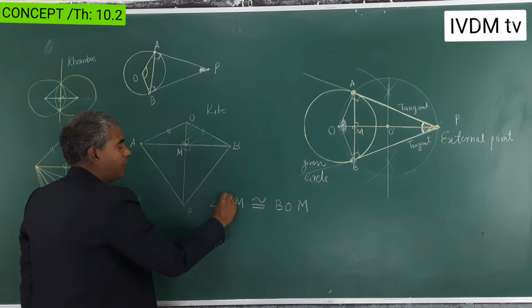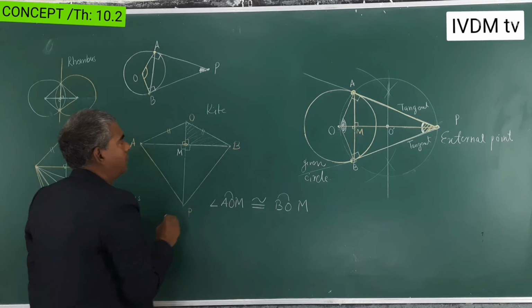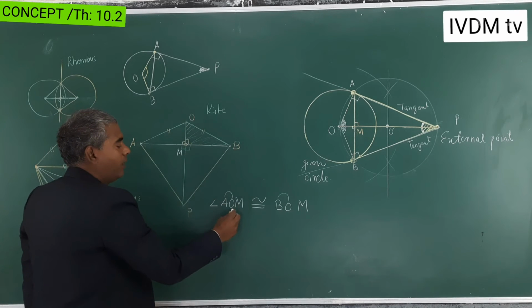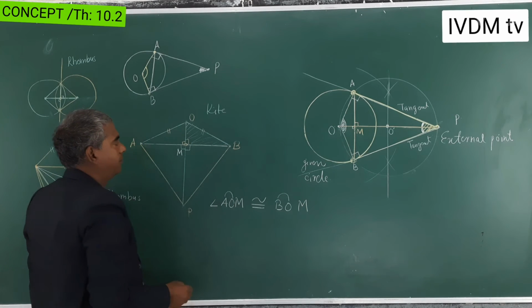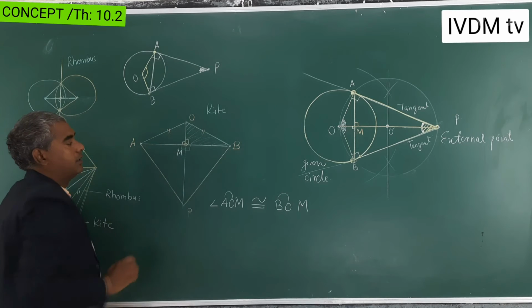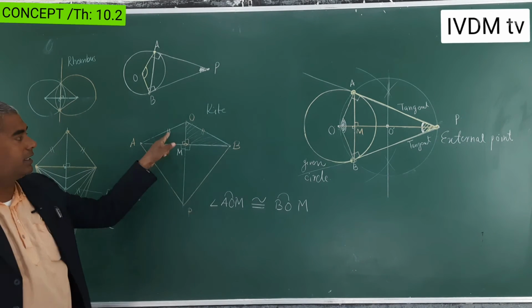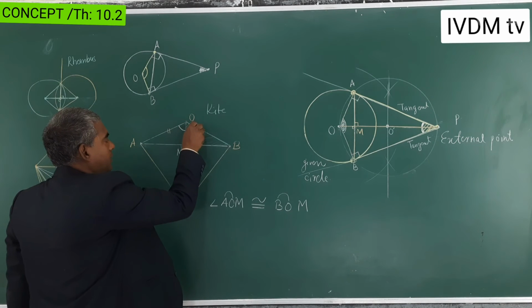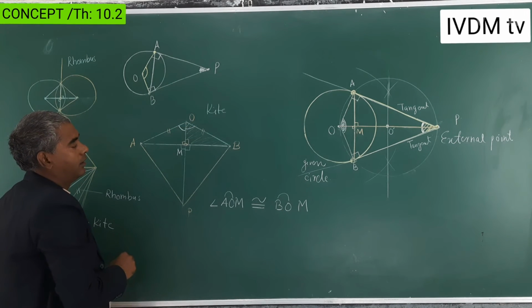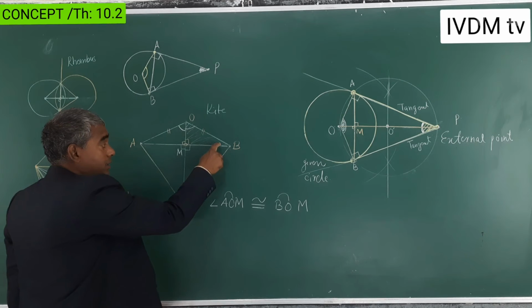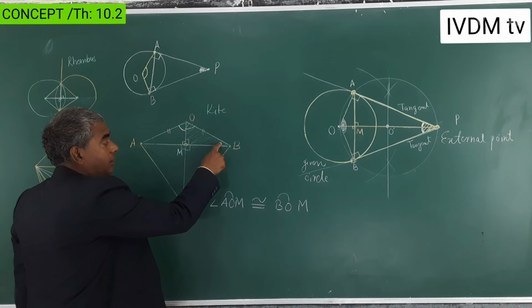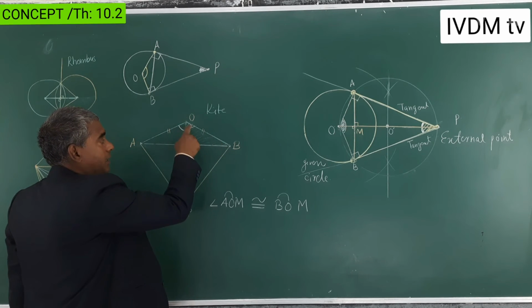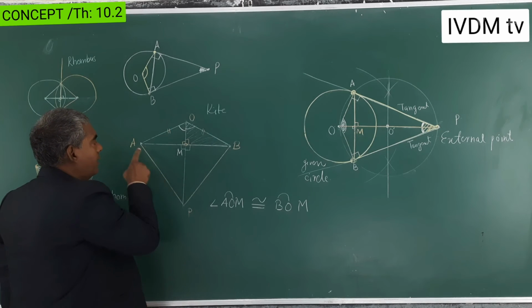AO is equal to BO, and OM is common. Okay, so this is congruent. Congruent means all the sides are equal, and all the sides being equal means this angle is equal to this angle. This angle is equal, but this is not equal. This angle is equal.